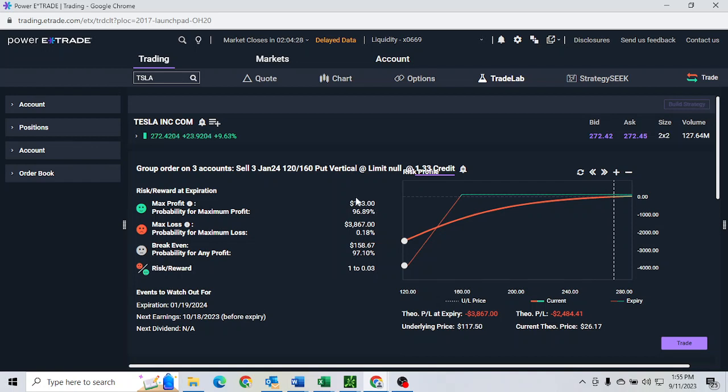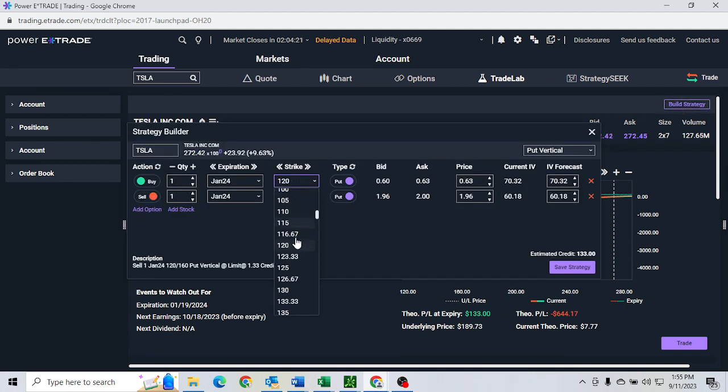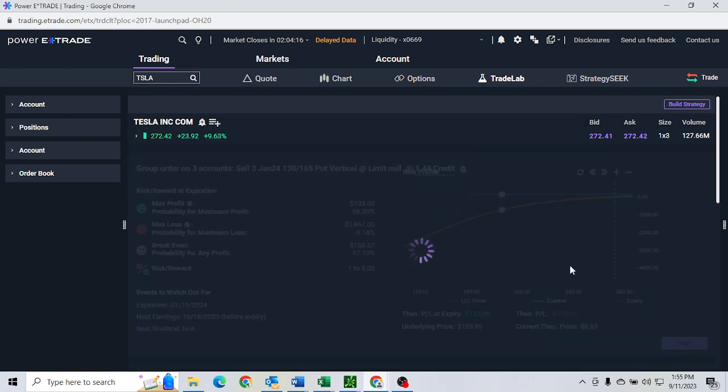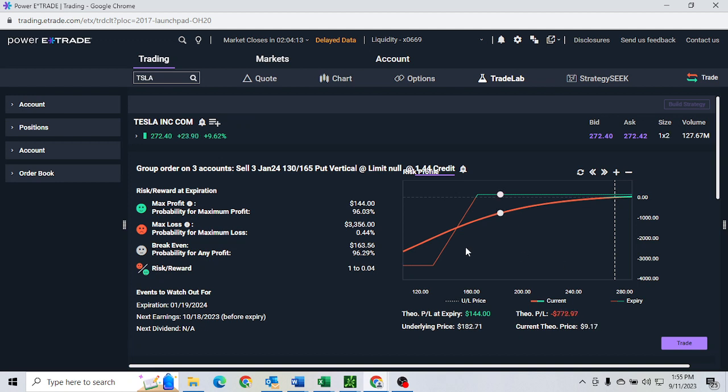I made $200 and some on the trade. I went from that to this is now at 130 and this is now at 165. I kept my 220 and now I lowered my exposure from almost 4,000 to now 33, and I kept an extra $10. That is how you roll when the market is up or when your stock goes up.